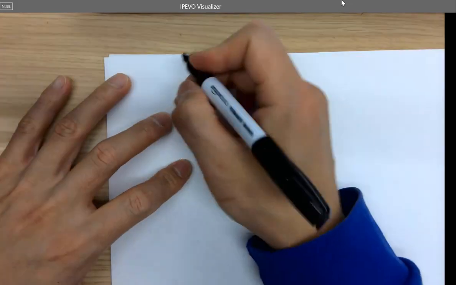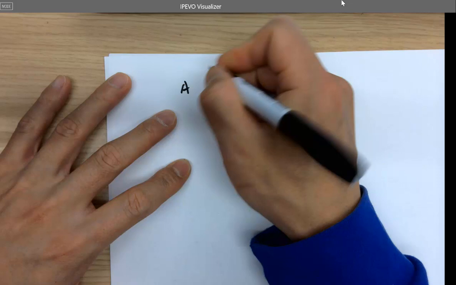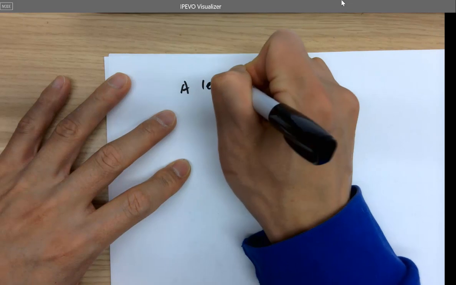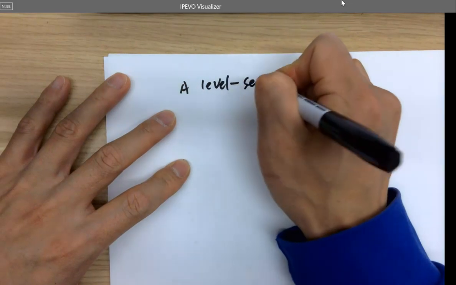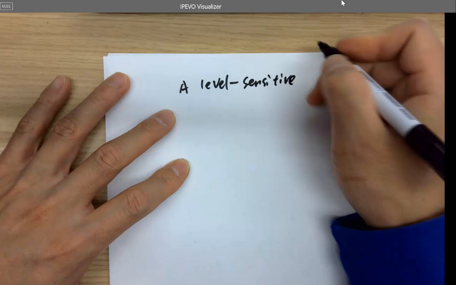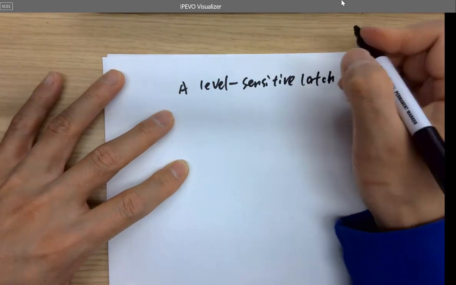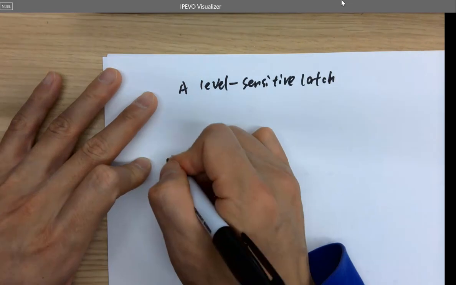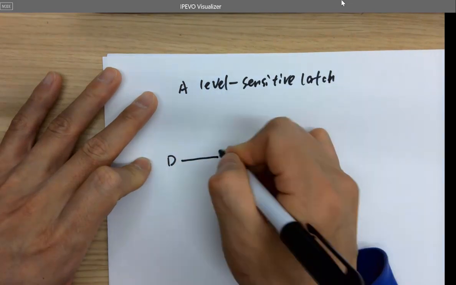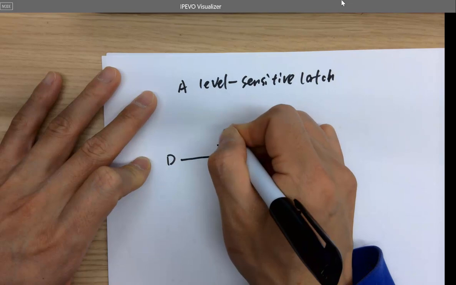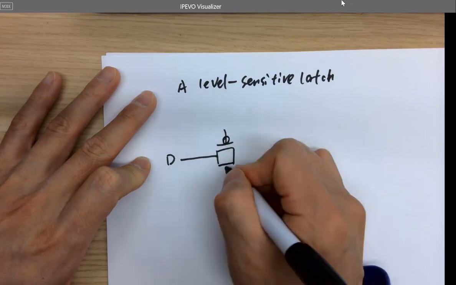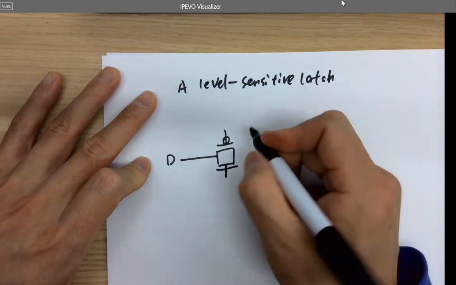So we can form a level sensitive latch. So D is here. That's a transmission gate, PMOS, NMOS.